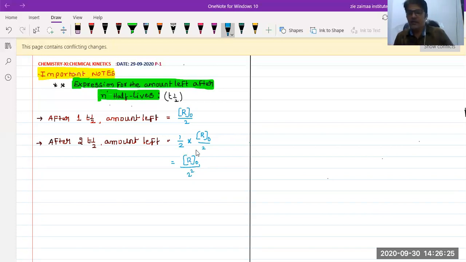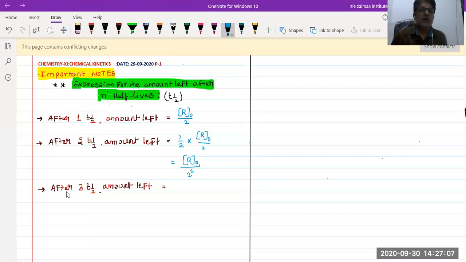Now, what about after 3 half lives? Come on, guess, very simple: R naught by 2 power 3, that's it. After 3 half lives, how much amount is left? 1 by 2 into this 2 T R value, so R naught upon 2 power 2, then simply R naught, the initial amount, by 2 power 3.